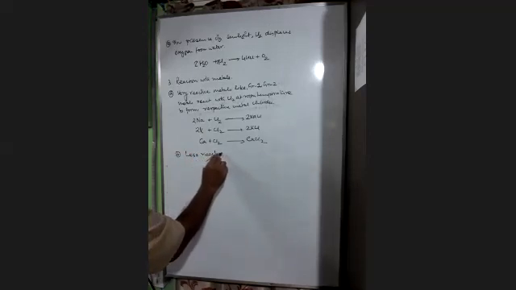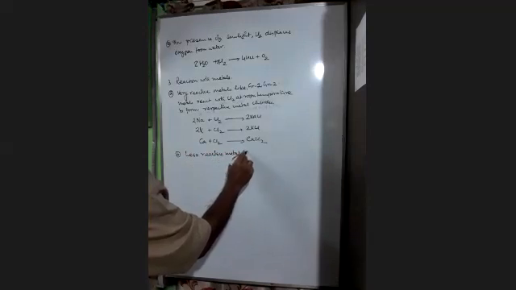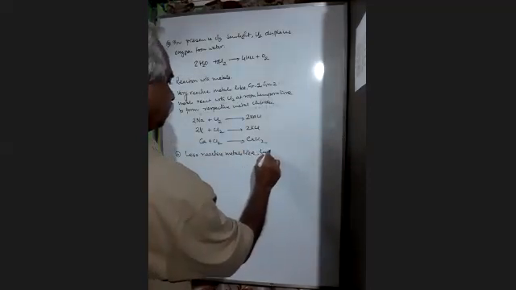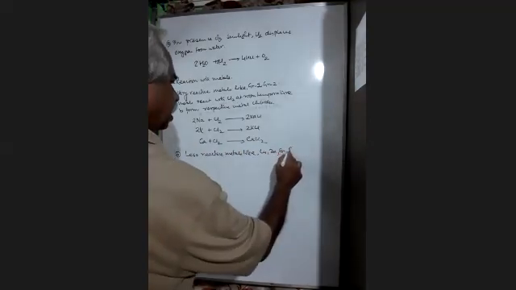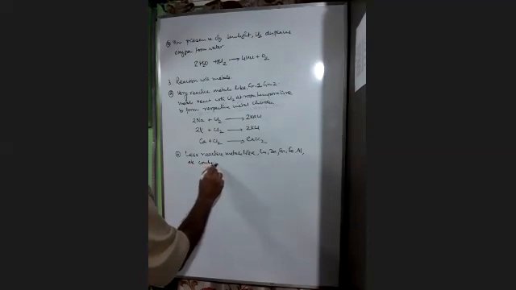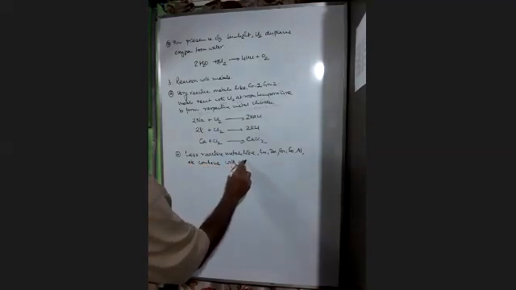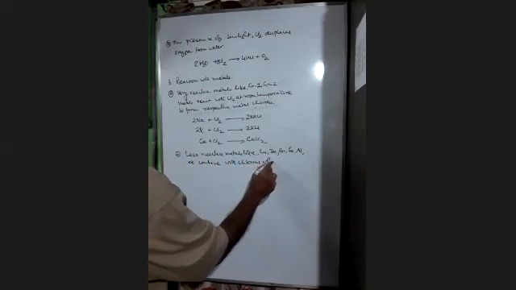B. Less reactive metals like copper, zinc, tin, iron, aluminium, etc. combine with chlorine when heated.